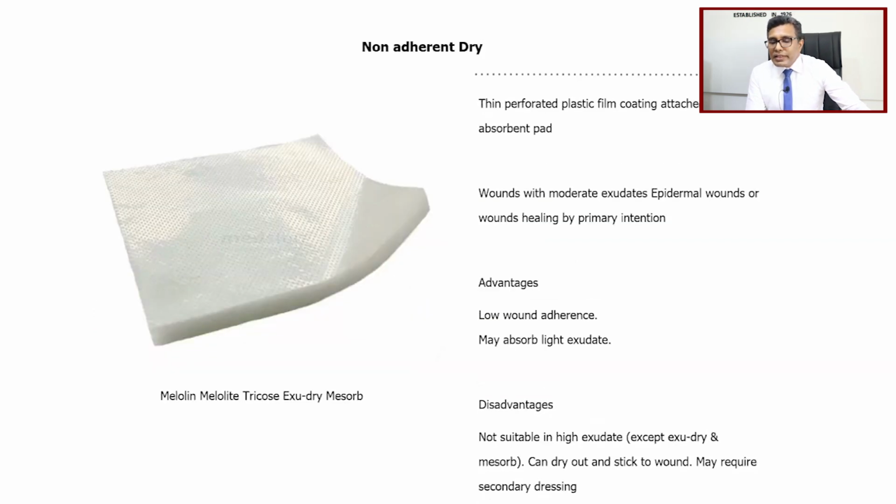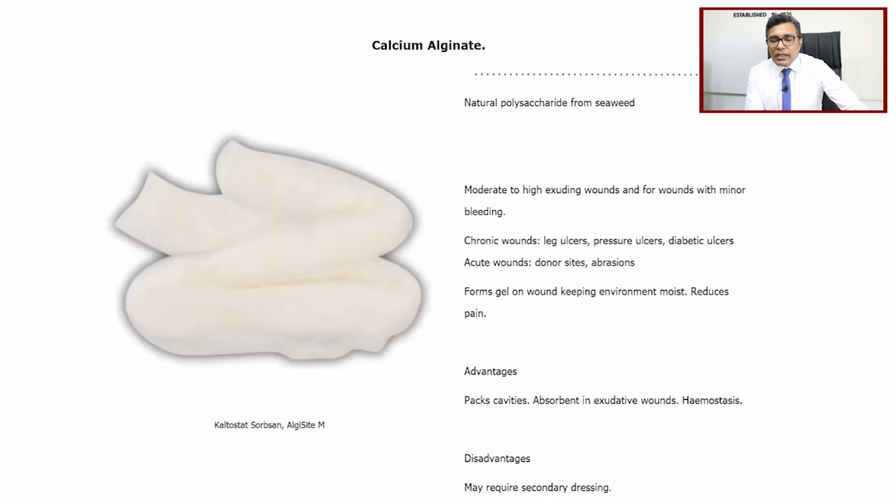Now these are non-adherent dry dressings that absorb a little bit more than just gauze. These are available also. These are actually synthetic ones. And there are alginate dressings. These are polysaccharides from seaweeds. You will see them quite often used in cavity dressings.